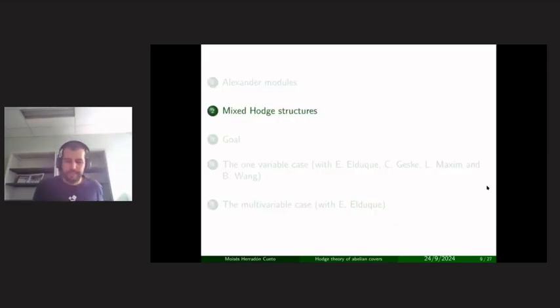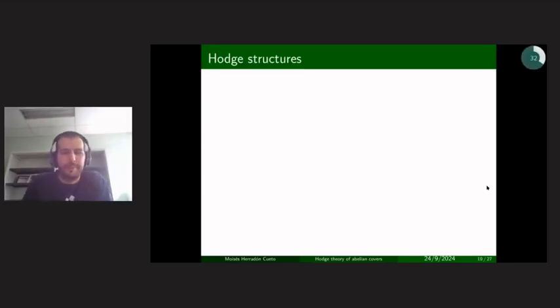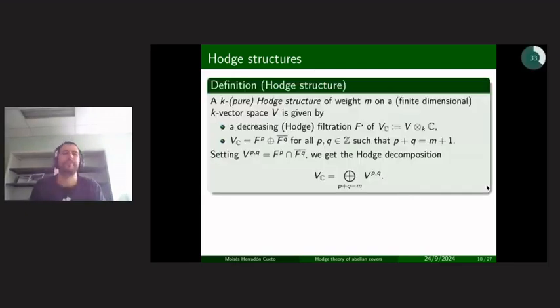So the other objects of study are mixed-Hodge structures, and I will define them just to prove that they are a concrete thing, even though the concrete definition doesn't really matter to me. So there are pure Hodge structures and there are mixed Hodge structures, which are made of pure ones. So let me define the pure ones first.